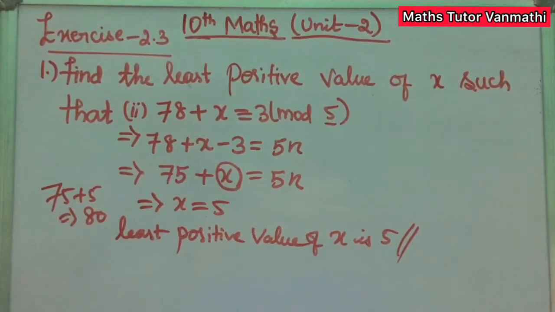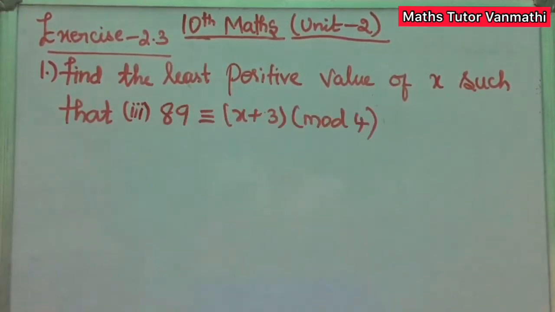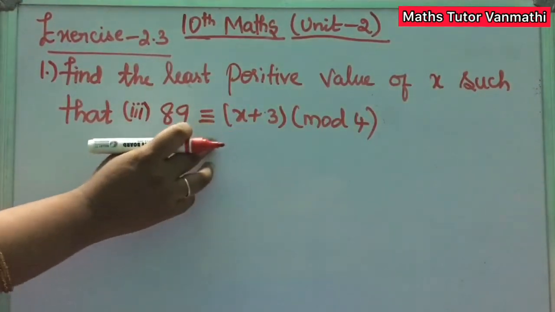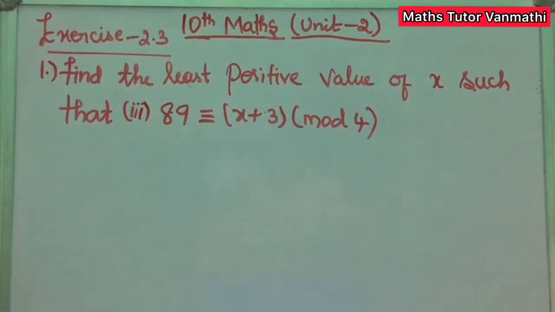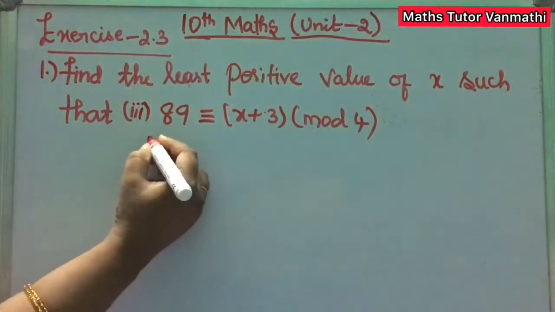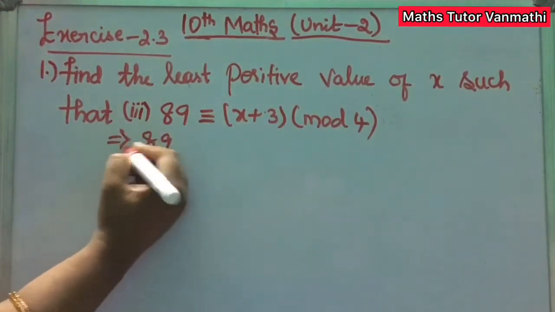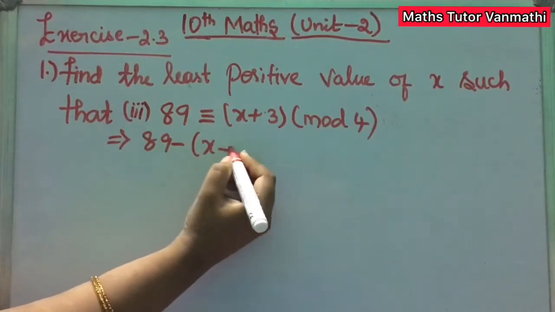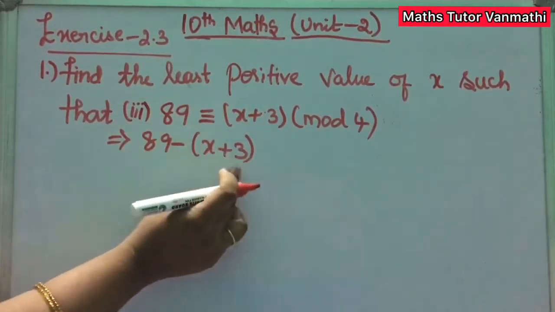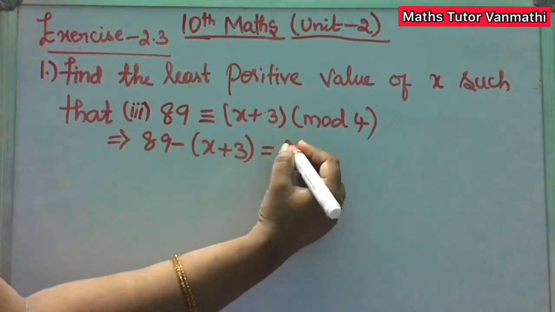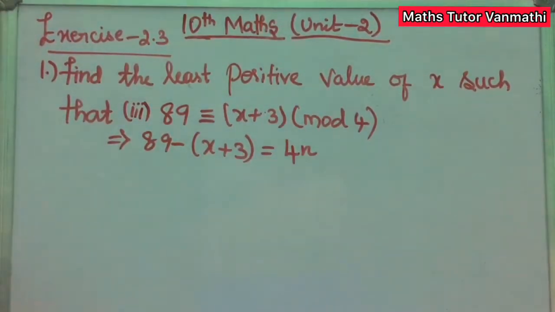Okay, next, the third subdivision we can see. This is your third subdivision. So 89 is congruent to x plus 3 mod 4, and this can be written as 89 minus (x plus 3), that is, minus for the whole bracket, which is equal to 4n.